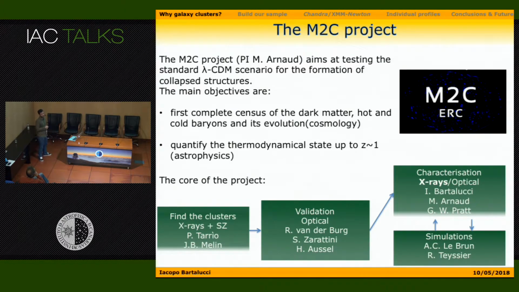And then there is the characterization of galaxy clusters, so we do physics and cosmology using X-ray and optical, and that's the part where I'm working, with Monique Arnaud and Gabriel Pratt. And then we are continuously comparing our results with a suite of simulations that have been produced to exactly match the clusters that we are looking at. This group is led by Amandine Lebrun and Romain Teyssier.